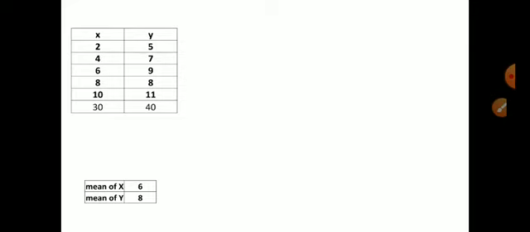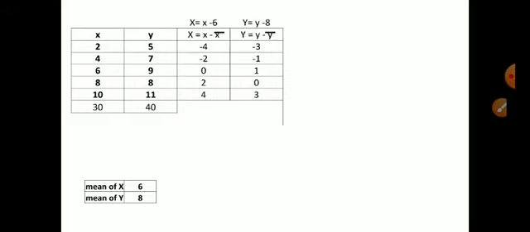Okay, now we have to calculate capital X and capital Y values. Capital X is x minus x bar, that is x minus 6, and capital Y is y minus y bar, that is y minus 8. Taking the first case, x minus 6: 2 minus 6 is minus 4, 4 minus 6 is minus 2, 6 minus 6 is 0.